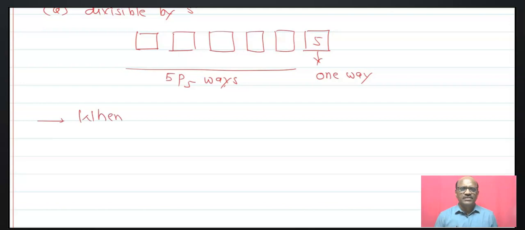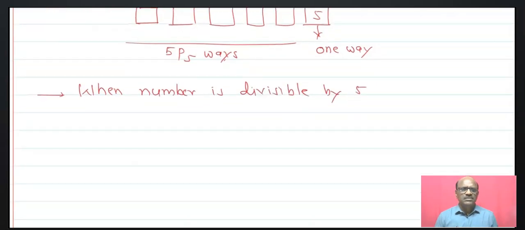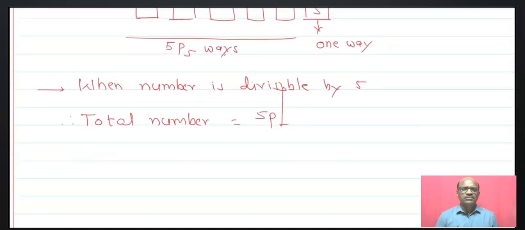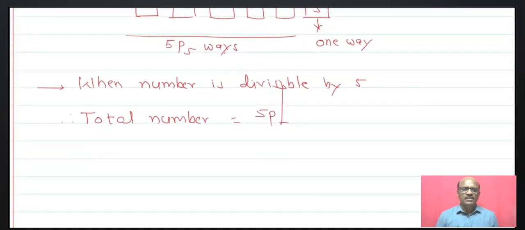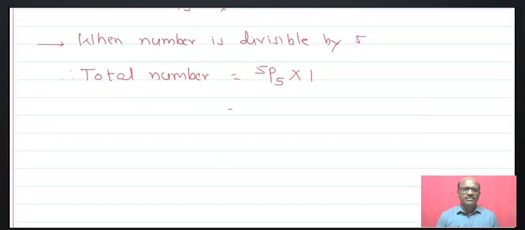That is, when the number is divisible by 5, the total number is equal to 5P5 into 1.